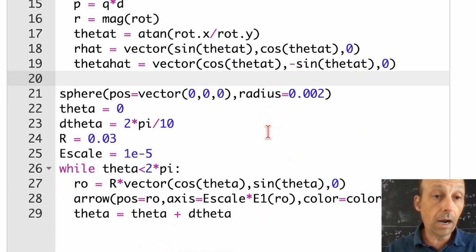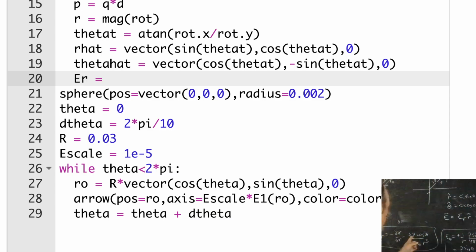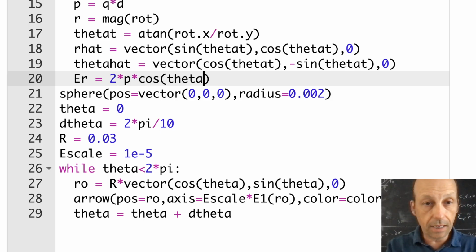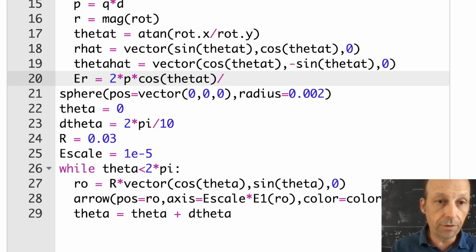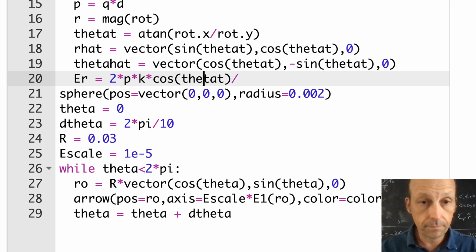Okay, now I can calculate E_r. E_r is going to be equal to this thing right here. So it's 2 times p times cosine theta_t times k, that's 1 over 4 pi epsilon, divided by r cubed.